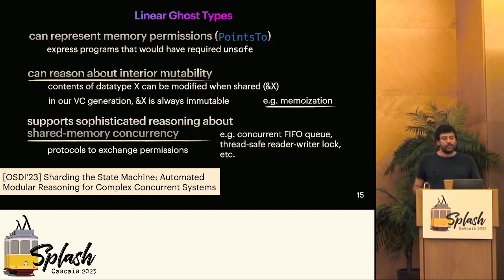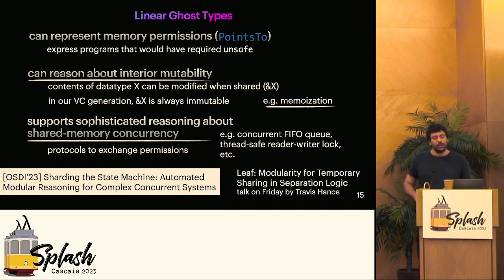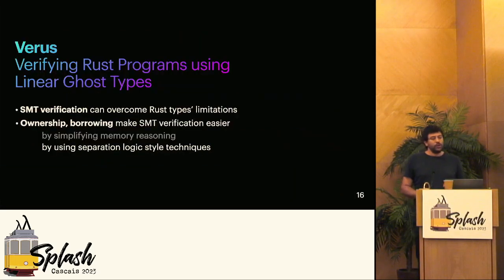The techniques that this builds on are also reported as part of previous work on linear Dafny in this OSDI paper that I'm mentioning. There's also going to be a talk on Friday by Travis Hance on the separation logic underpinnings of some of these techniques.